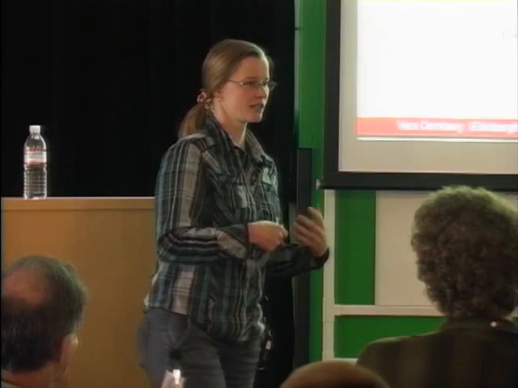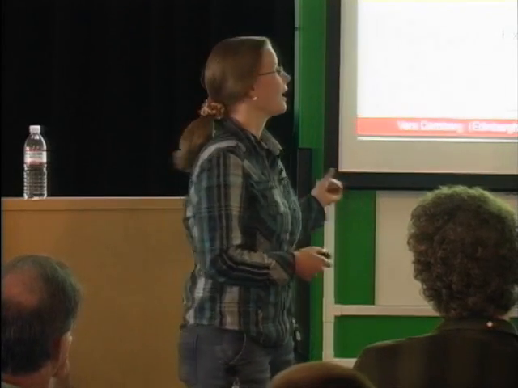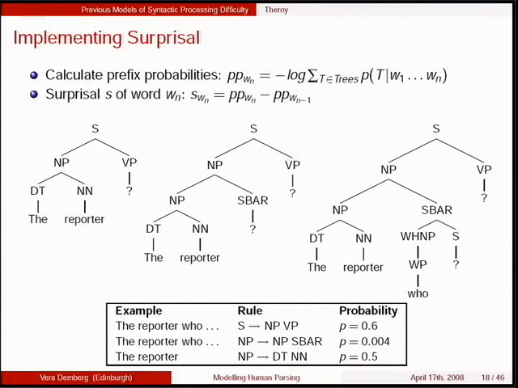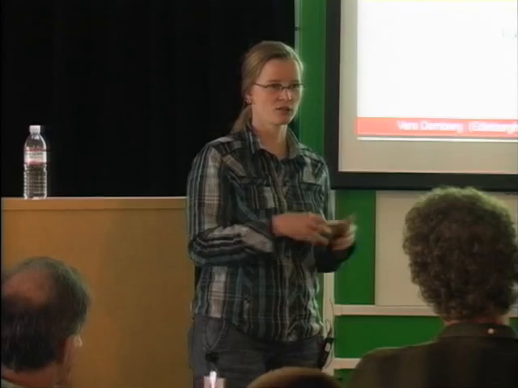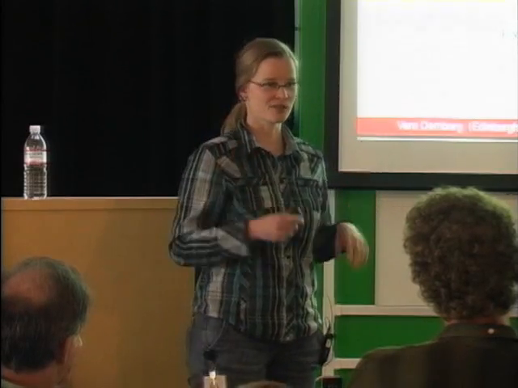There are all these different possible structures. And the prefix probability of the string "the reporter" would be the sum of all those different probabilities of the trees. Then, if the next word is compatible only with one structure, you have to get rid of the probability of the other structures, and the surprisal is just the difference at each word. How much of the probability structure do you have to forget, so to say?